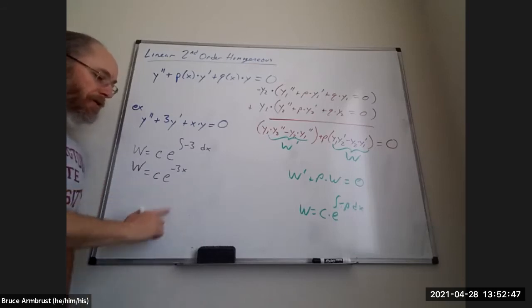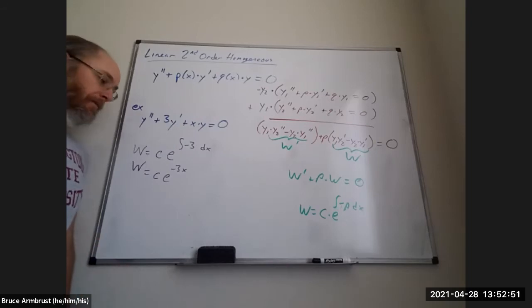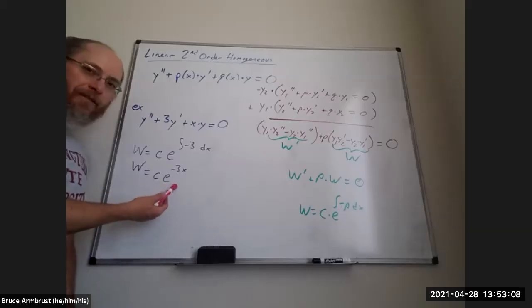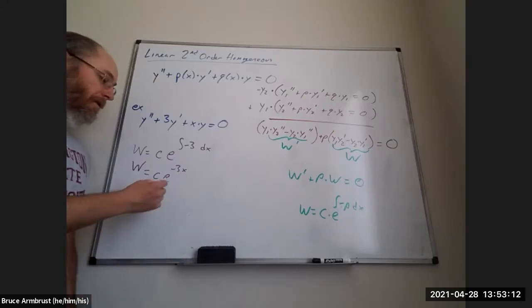Okay, so let's look at this thing and think about where is it 0? So what x values will make this 0? There isn't one. Yeah, good. I was going to say, don't fall for the trick. It's exponential. We know exponentials are never equal to 0, right?